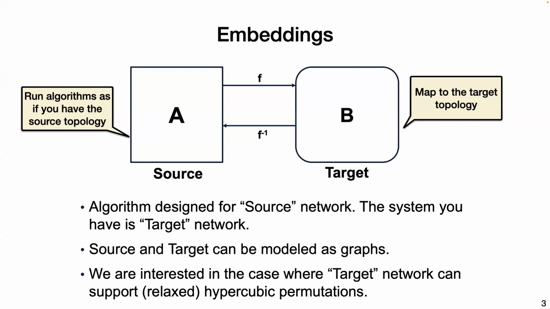Yes, basically, we run the algorithm in A. So for example, let's say A is a grid and B is a hypercube. Logically, we would like the two neighbors in the grid to communicate, but those may not actually be neighbors in the hypercube. But it's hard to think about the communication in the hypercube, and so that's why we just map the nodes between the two topologies.